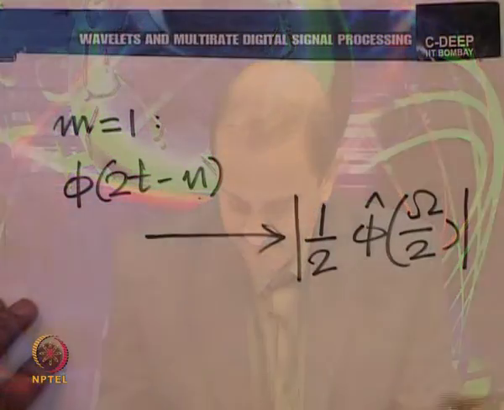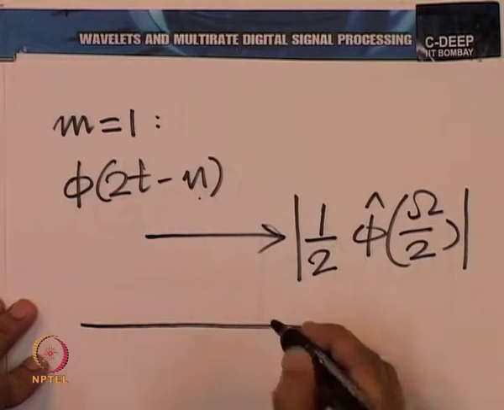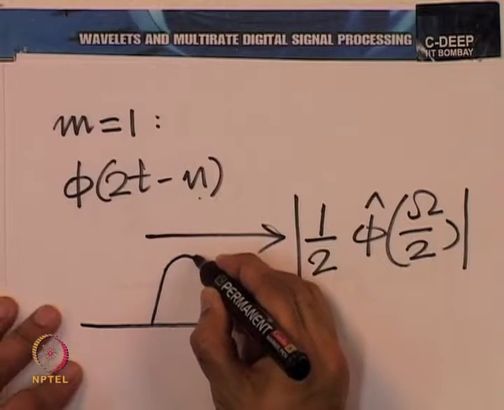So, let me take the m equal to 1 case. Let me sketch this. So, omega by 2.